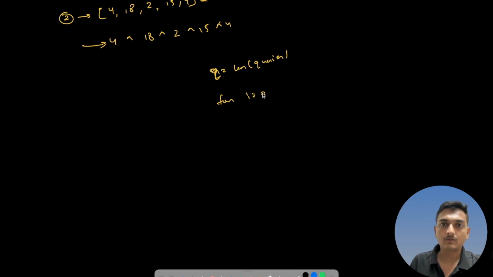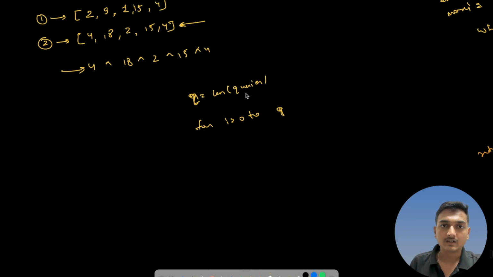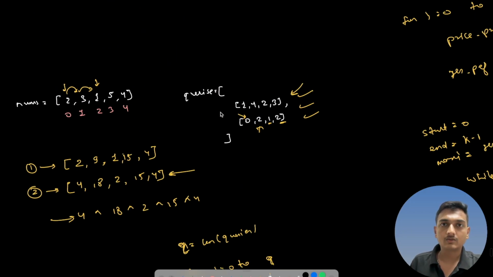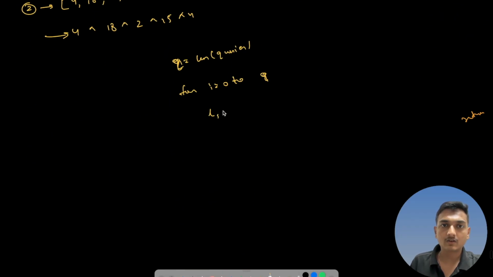For i equal to 0 to Q, I am just iterating over all of the queries, 1, 2, 3, whatever I'm having. Inside each query, I can take the values: my terms are start, or maybe left, comma right, comma k, comma v.